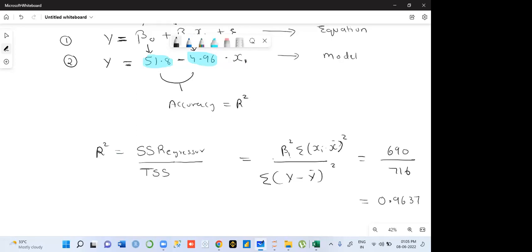So can I say, if we multiply by 100, how much percent? 96%, which is more than 70. Good or bad?